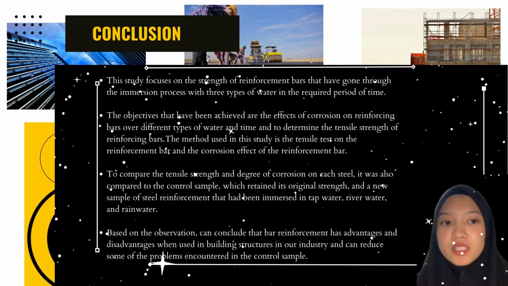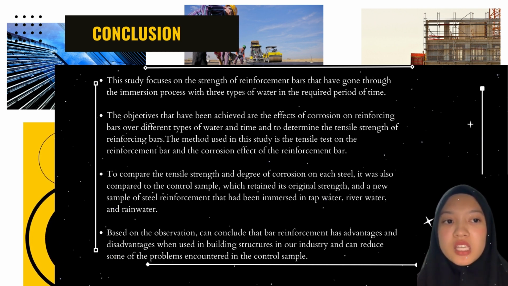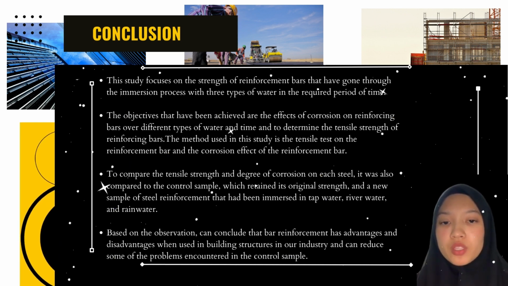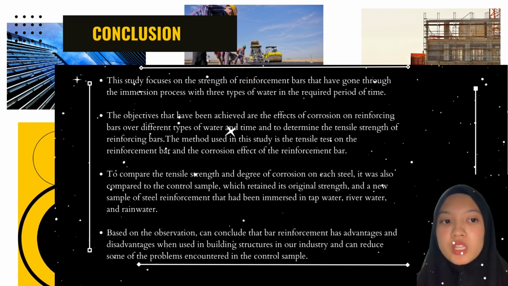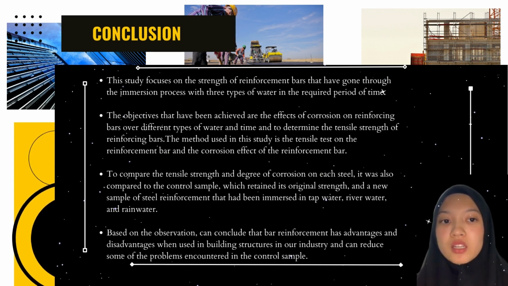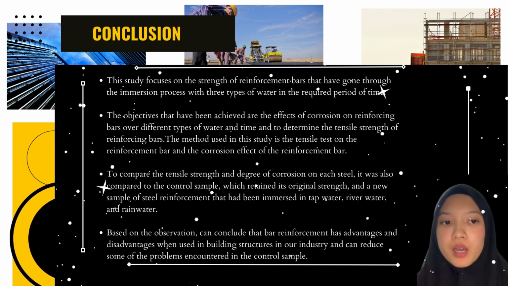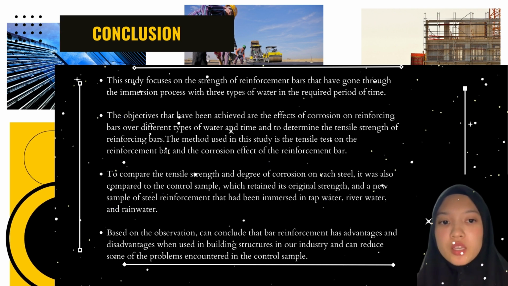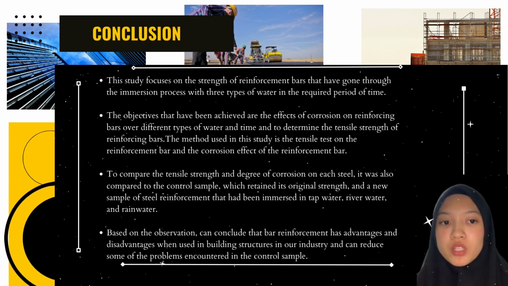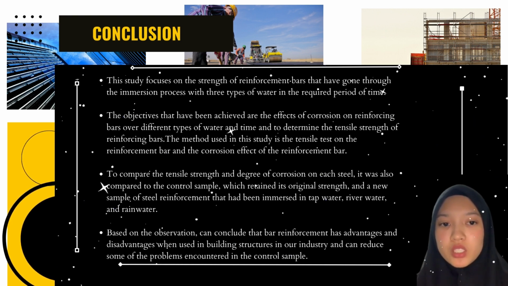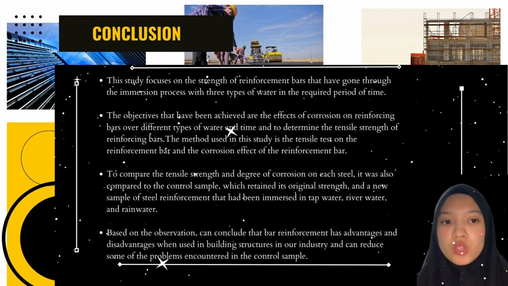To compare the tensile strength and degree of corrosion of each steel, it was also compared to the control sample, which retained its original strength, and a new sample of steel reinforcement bar that has been immersed in tap water, river water, and rainwater. Based on the observation, we can conclude that reinforcement bar has advantages and disadvantages when used in building structures in our industry.